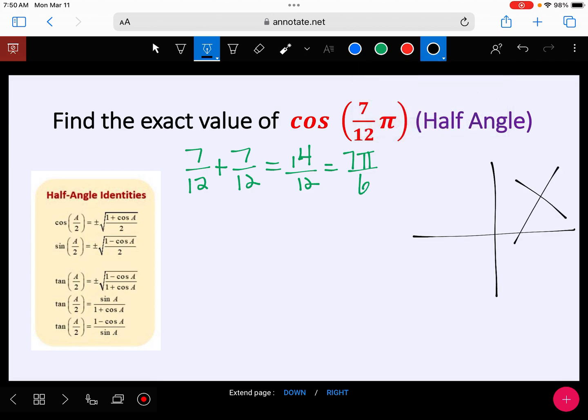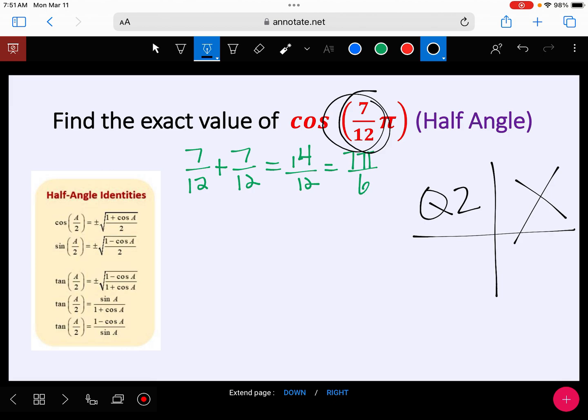But is this more than 1? 7 over 12 is more than 1/2, but it's less than 1, which means that we are going to land in quadrant 2. And in quadrant 2, is cosine positive or negative? Negative.